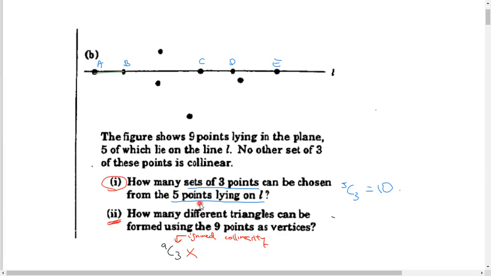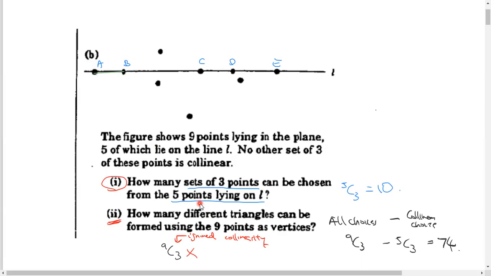So you could do it that way. But the nice, easy way is to go all choices, which is 9C3. That's too many though. And take away the choices that we don't want, which is only picking from the collinear ones, minus 5C3. That will be the easy way to do it. And once you take away that subtraction, you'll get 74.